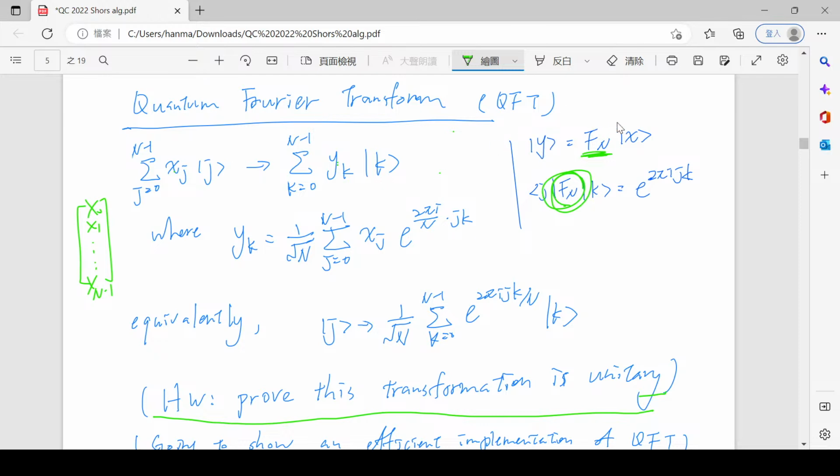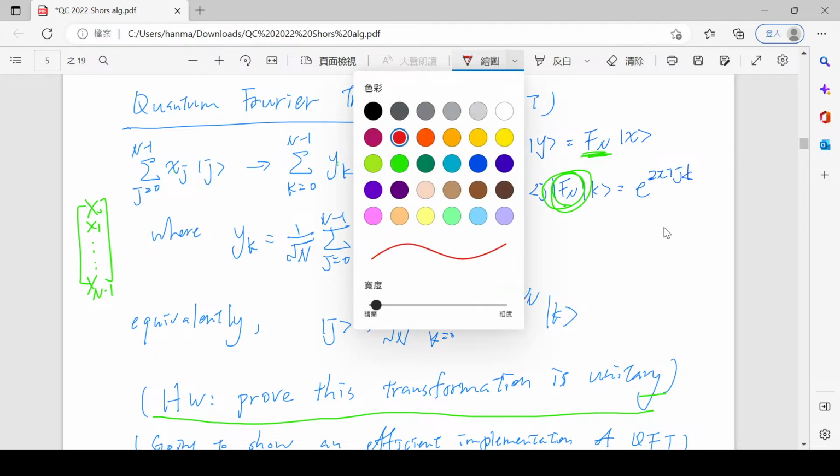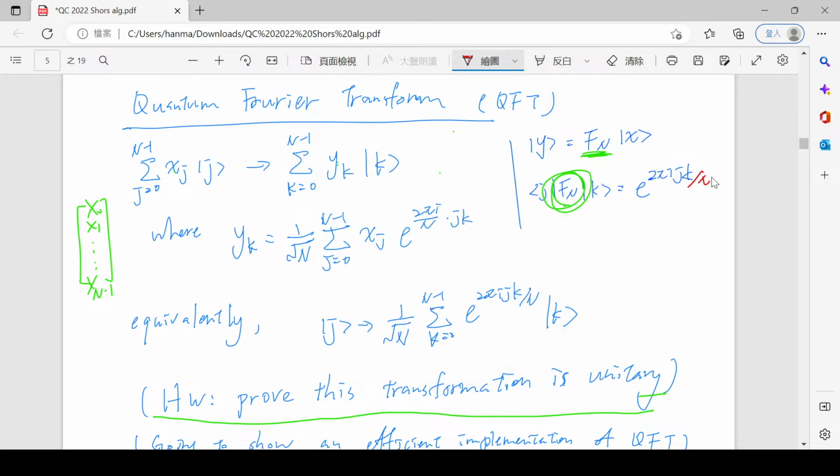The whole vector y is just this Fourier transform matrix times your input vector x, and the jk component of your matrix should be e to the 2 pi i jk over n. Oh, sorry, we also made a mistake here, there should be a factor of 1 over square root n.